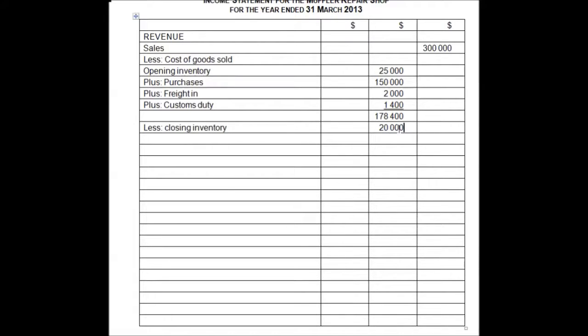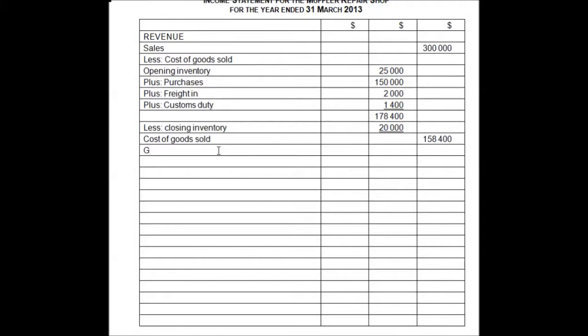Then I'm going to put a line under that as well, because now I'm going to take this and minus closing inventory off to get myself cost of goods sold. So cost of goods sold is equal to 158,400. So 178,400 minus 20,000.